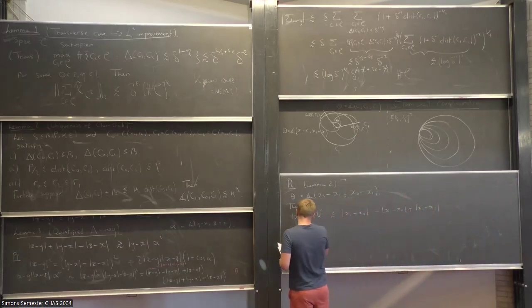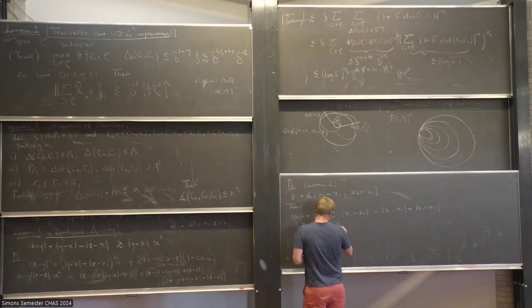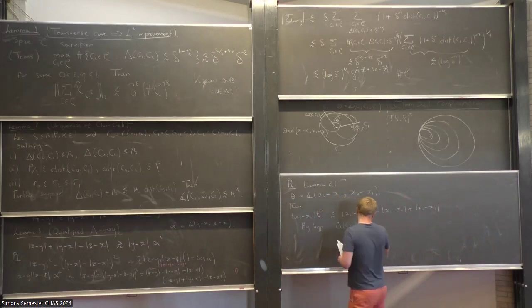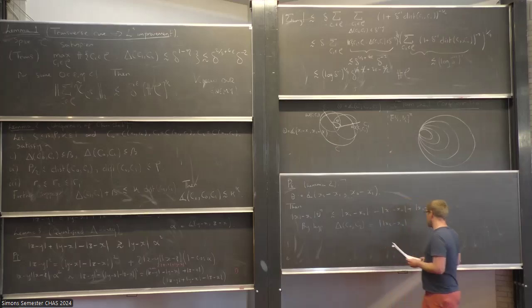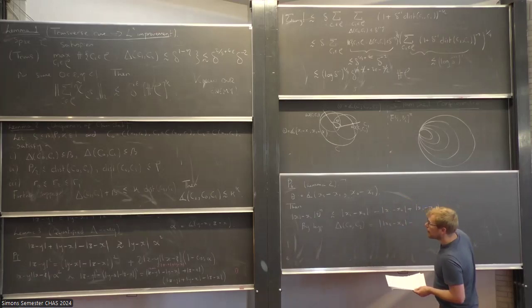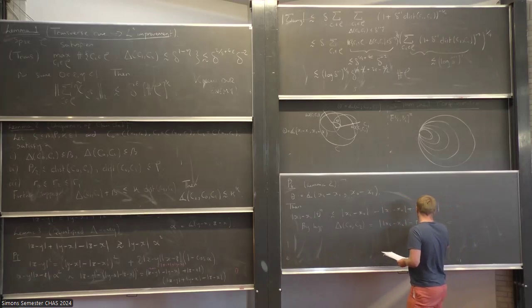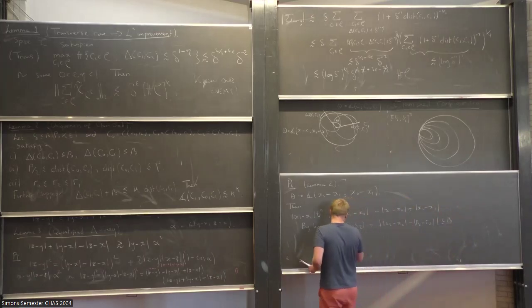So by hypothesis, this tangency between C0 and C2 first, which is equal to the difference between the centers and the difference between the radii, is less than beta, and similarly C0, C1.